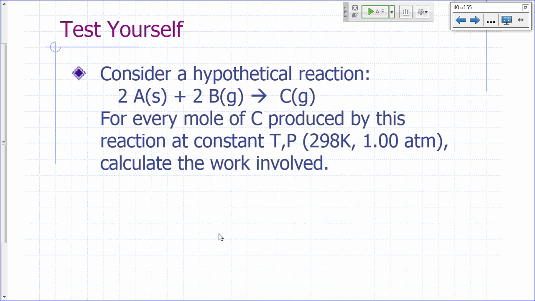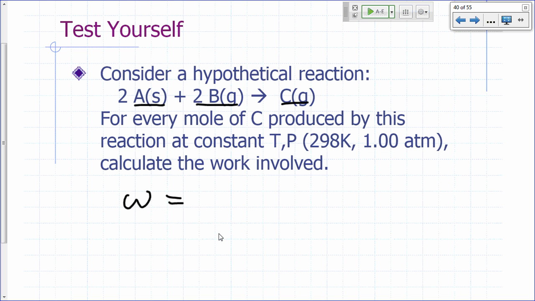All right, so let's look at this one. You have a hypothetical reaction where you have 2A solid plus 2B gas yields a mole of gas C. So for every mole of C produced by this reaction, how much work is involved? If you have a reaction that involves gases, the change in volume will primarily be due to the change in the moles of gas.